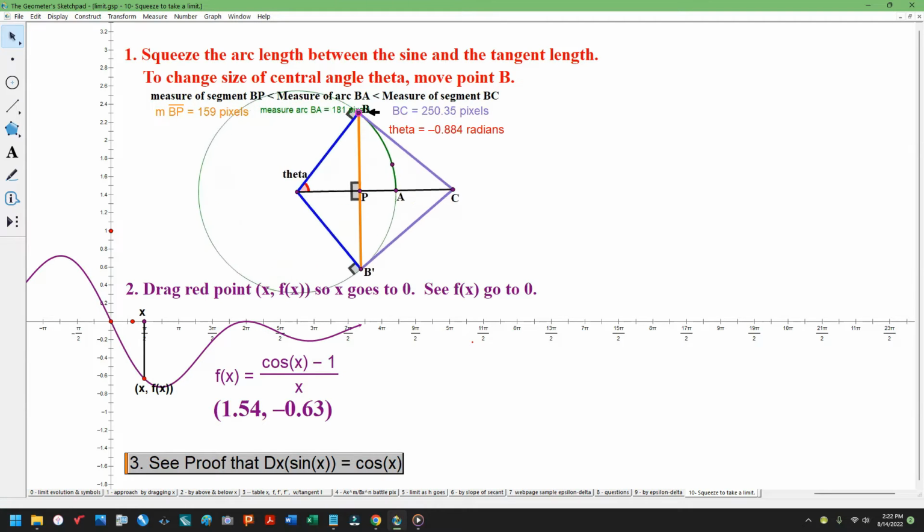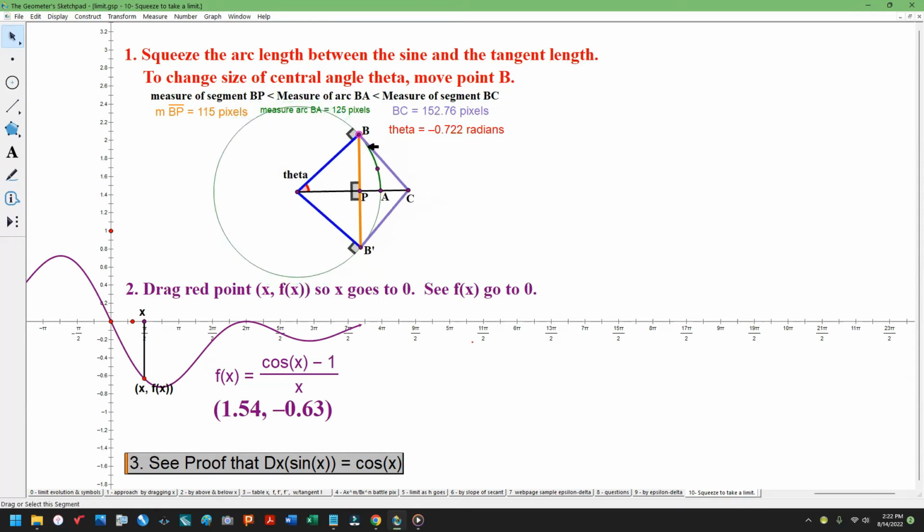Notice, here's the arc on the circle. If you wanted to compute this arc length, you could squeeze it between a piece of the tangent and the half chord to get the length of the arc.